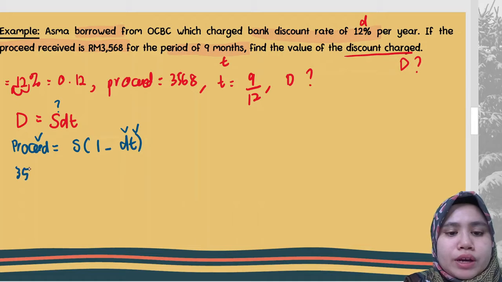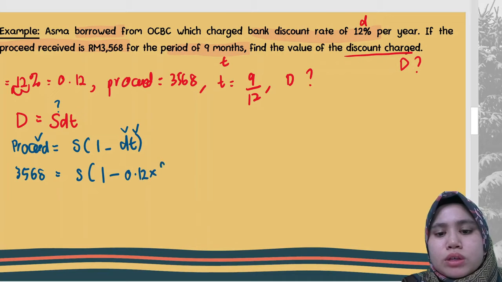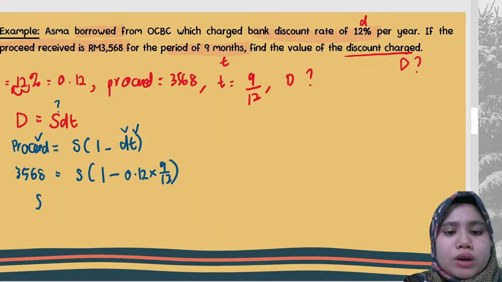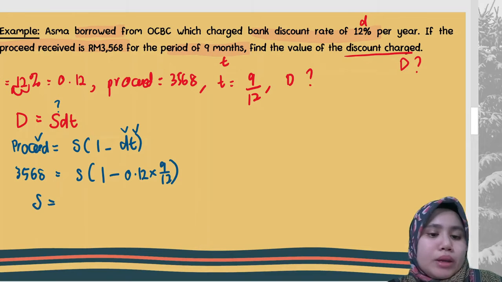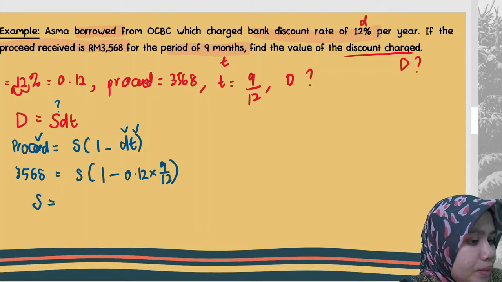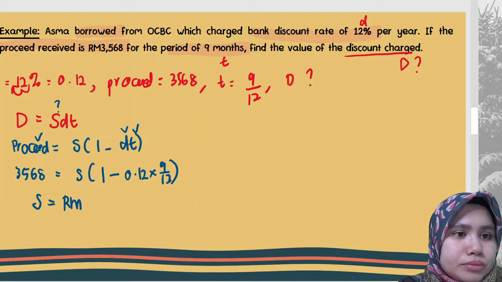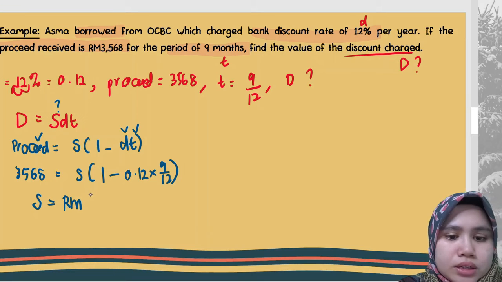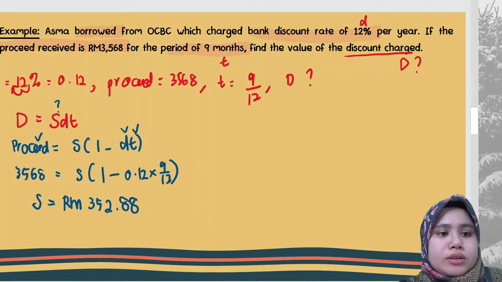We have 3568 equal to S times (1 minus 0.12 times 9 over 12). So our S, the total loan that Asma made with the bank, is RM3920.88.